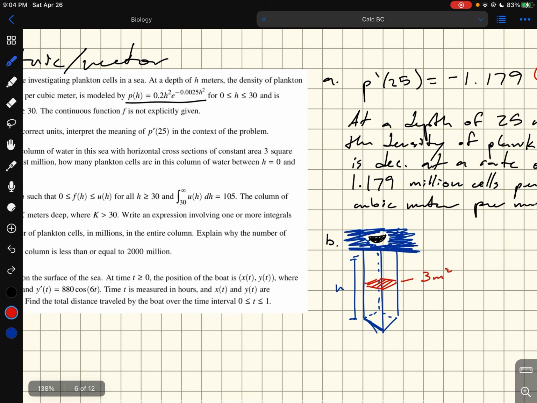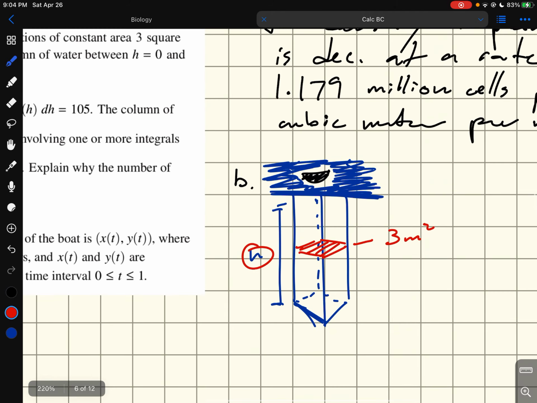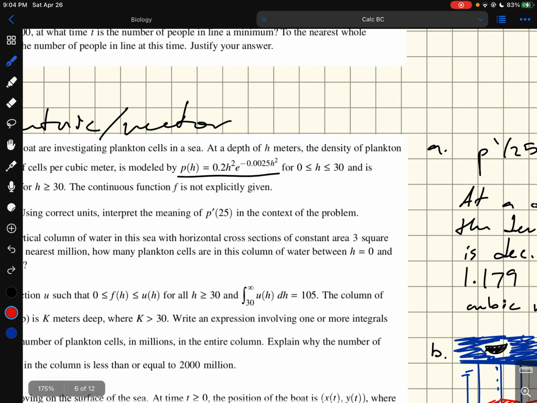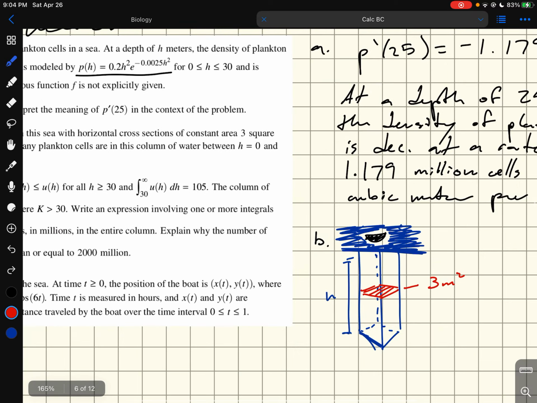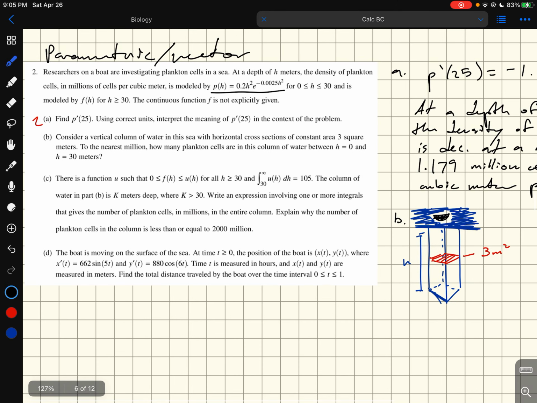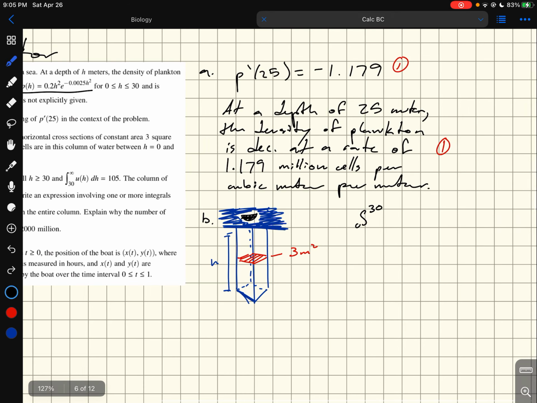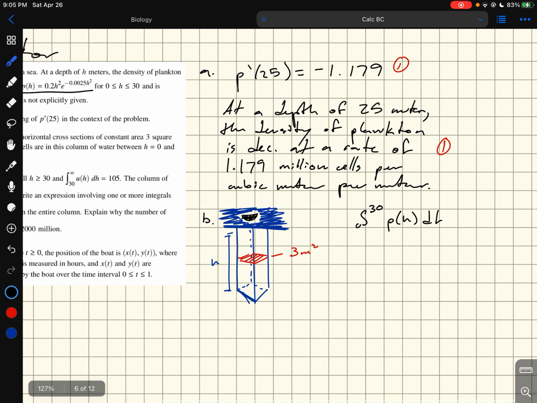And remember, the number of plankton over this depth is measured by this P of H. So we want to take the integral from 0 to 30, because they want us to go from 0 to 30. Forgot to mention that part. Of P sub H dH.